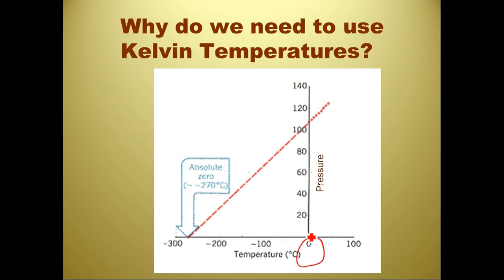Right where it meets the x-axis, that's where reality meets something artificial, an artificial construct. In the real world, these two quadrants down here, quadrant 3 and quadrant 4, have no meaning as far as a pressure-temperature graph is concerned.